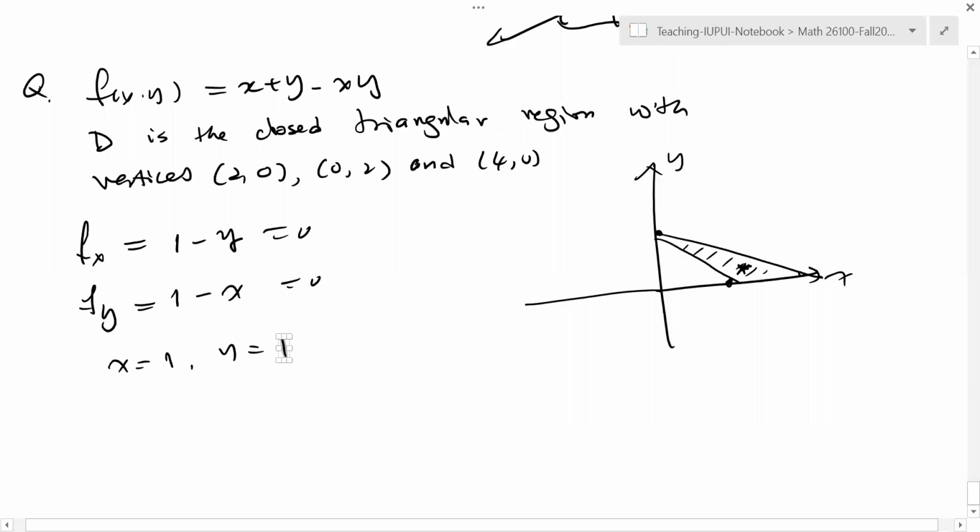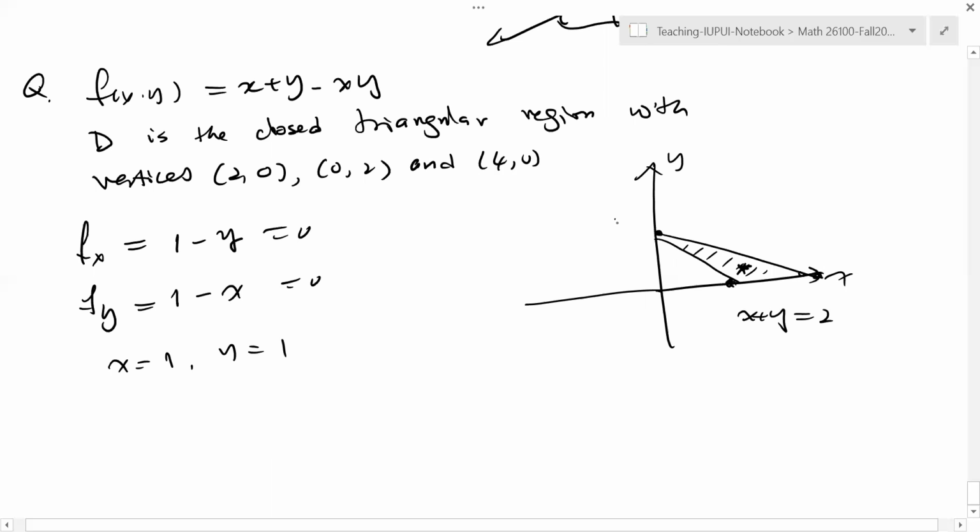Now, I'm not sure this is a point inside this triangle region. I'm going to check that. So this is the line x plus y equals 2.